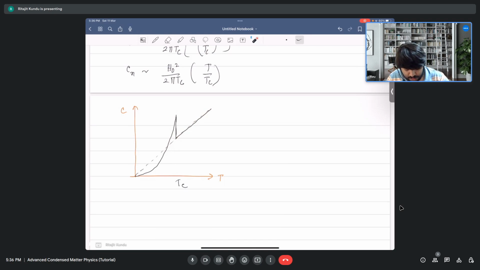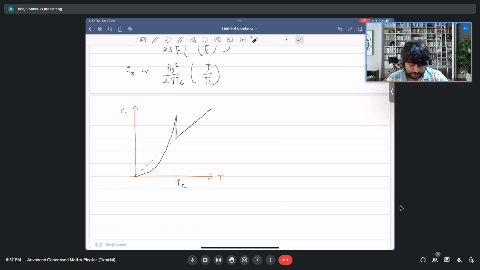One way of interpreting this is, when you are much deeper in the superconducting region, you have a large gap. Large gap means if you try to increase the temperature, you cannot cause any thermal excitations because there is a gap in the spectrum, right? Because you cannot cause any thermal excitations, it is smaller.